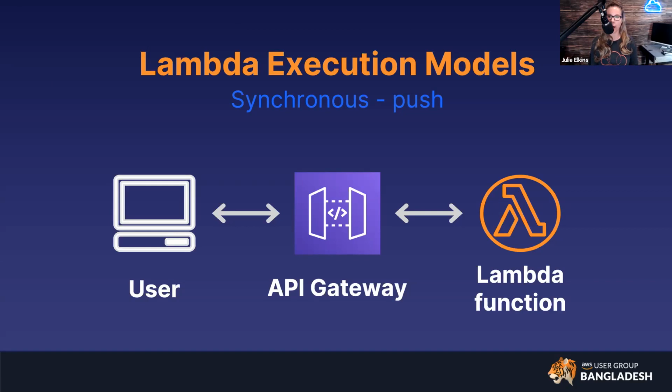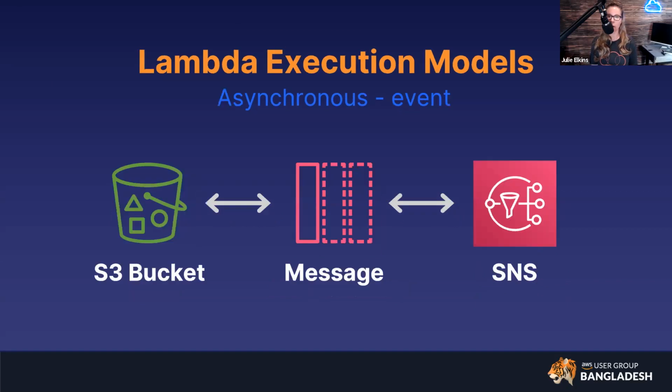But we also have asynchronous execution models, and this one works a little bit differently. With asynchronous execution models, we could have an SNS topic and we could send in a message to that SNS topic whenever an object is put into an S3 bucket. And then S3 is going to pass that information. So, we're passing where we stored that object in S3, and that location gets passed into the Lambda function.